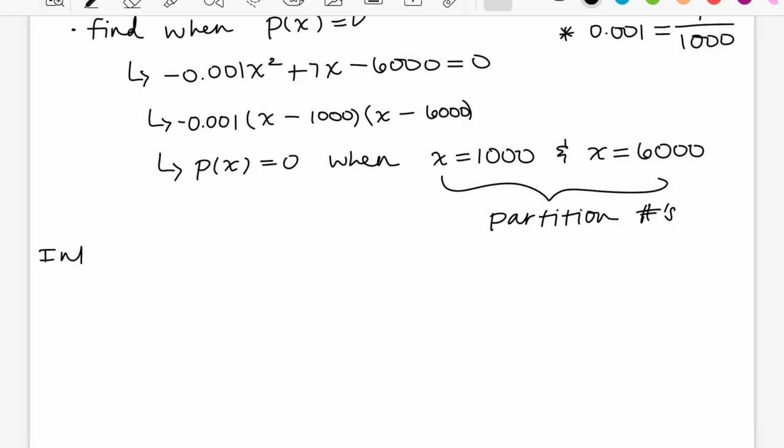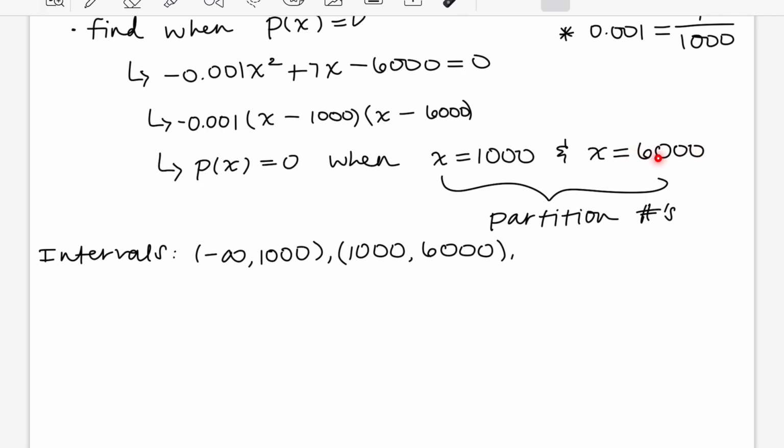So our first interval is going to be negative infinity up to 1,000. Our next one will be the interval between 1,000 and 6,000. And then our last one is going to be from 6,000 to infinity.